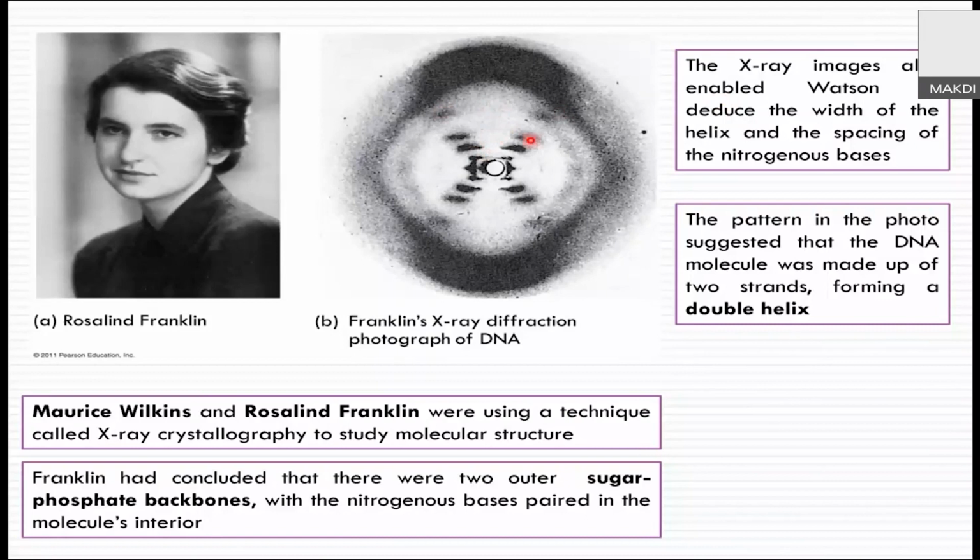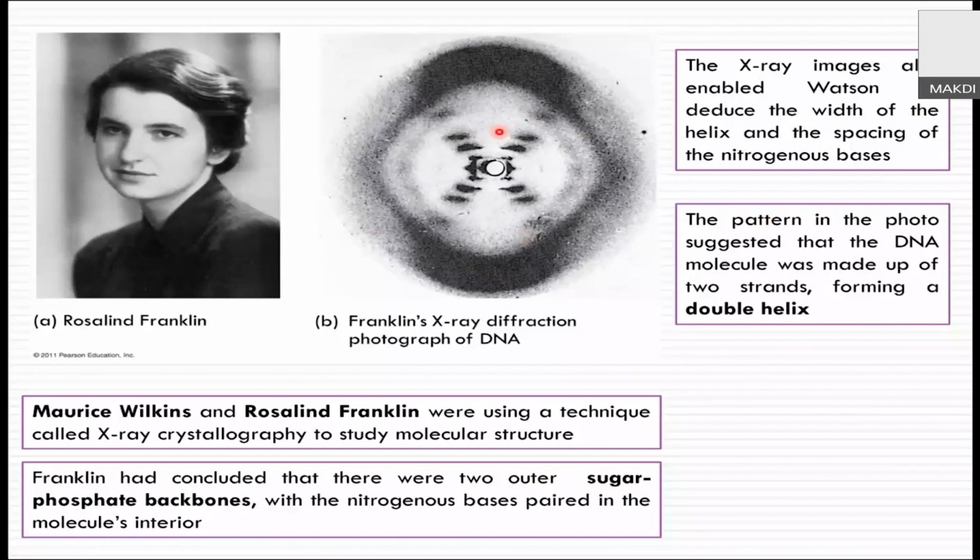So the molecules will show the helix, the nitrogenous bases, and everything. The patterns, we call this diffraction pattern. From the diffraction pattern, you can use computer software to deduce the molecules inside the DNA.